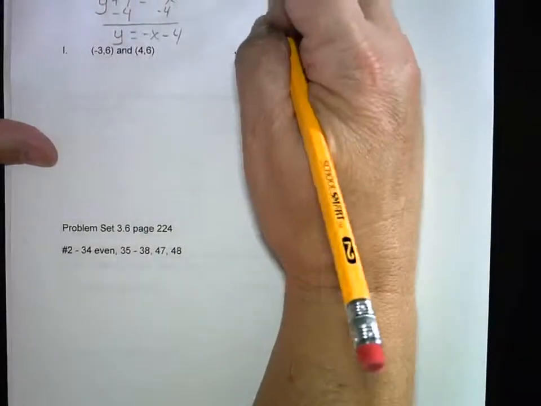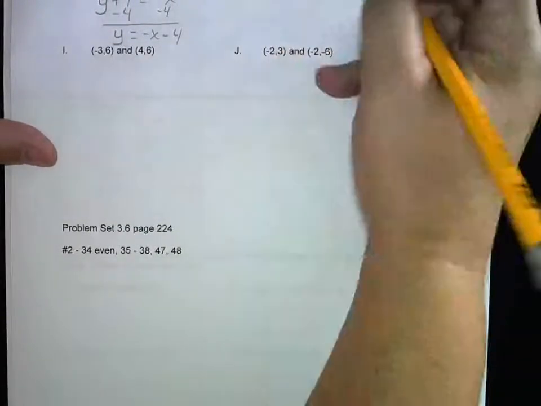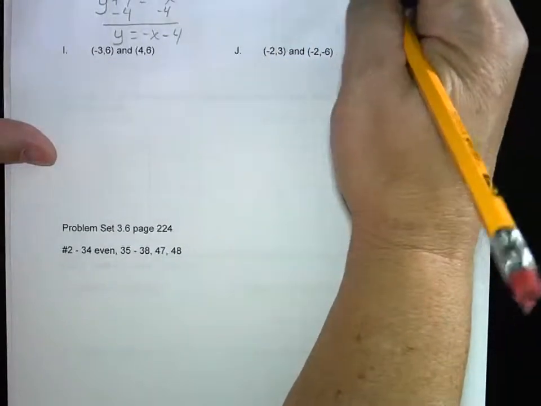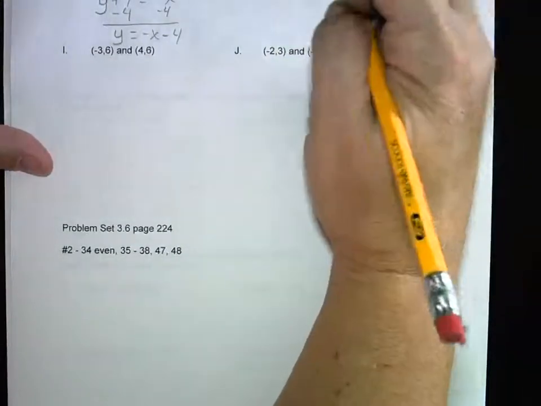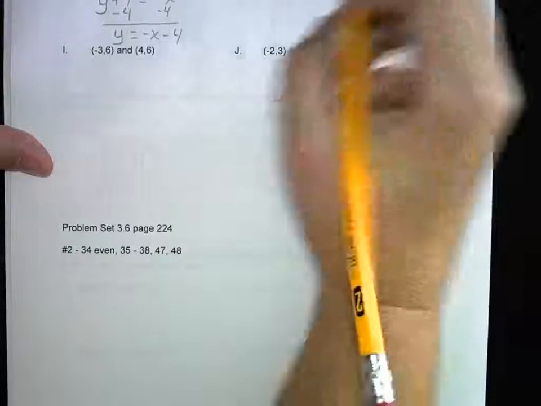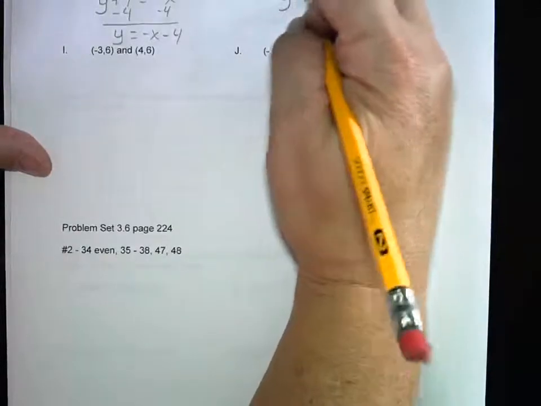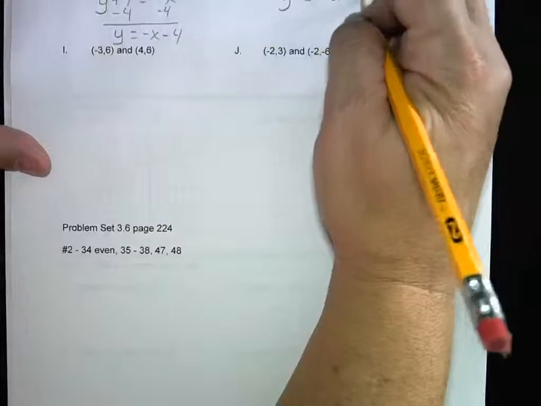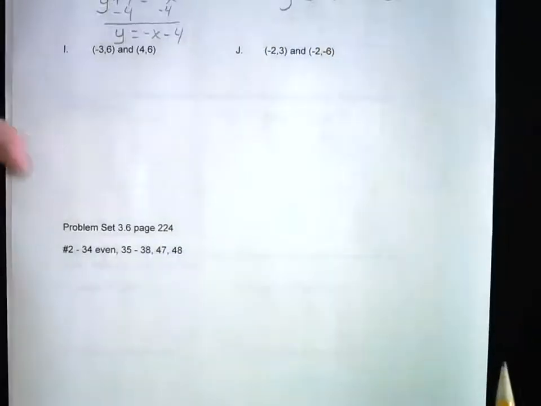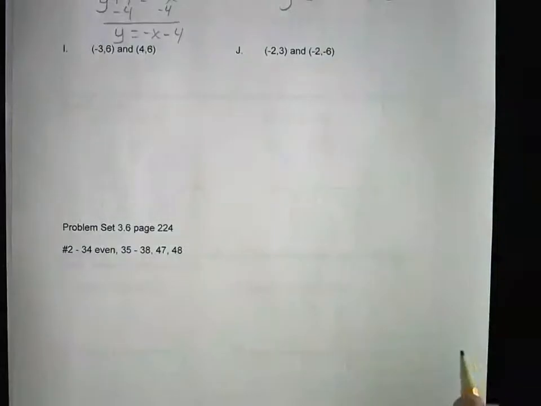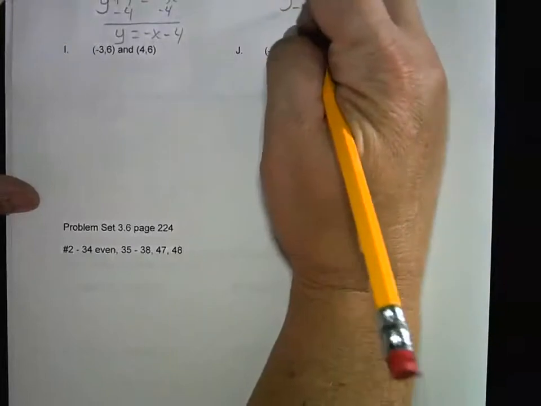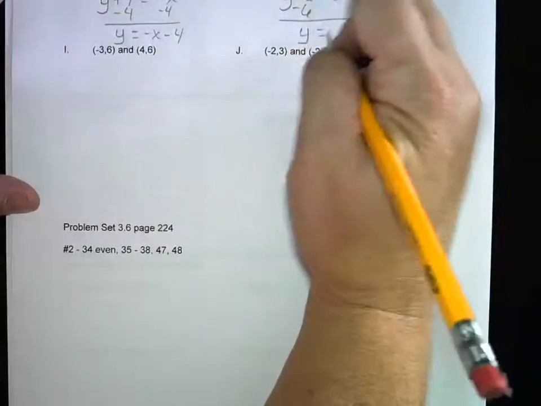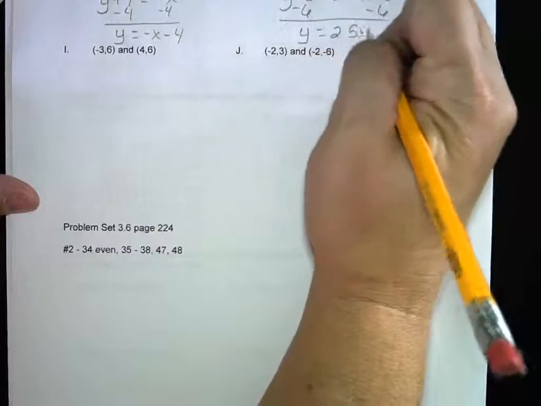Y plus 6 equals 2.5 x plus 2. And when you distribute, you have y plus 6 equals 2.5x plus 5. And then when you subtract 6 from both sides, you have y equals 2.5x minus 1.